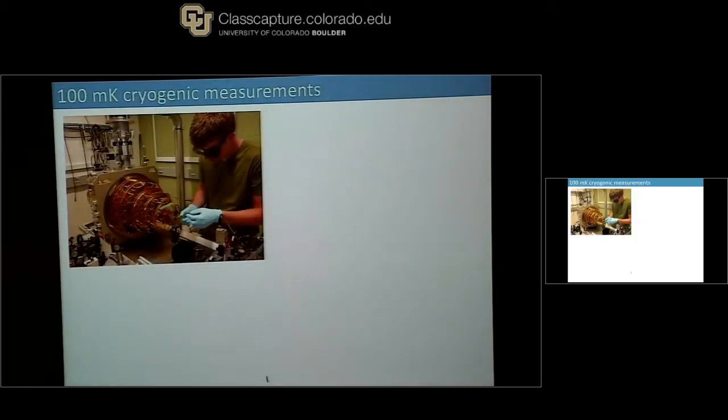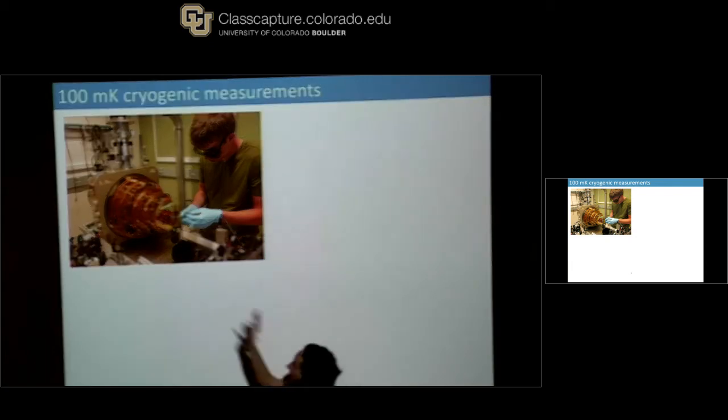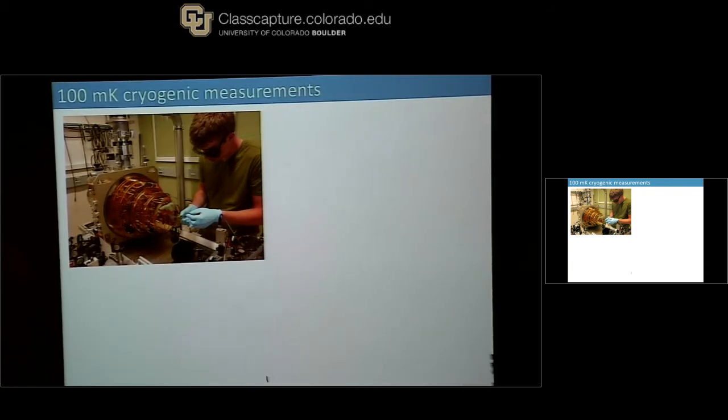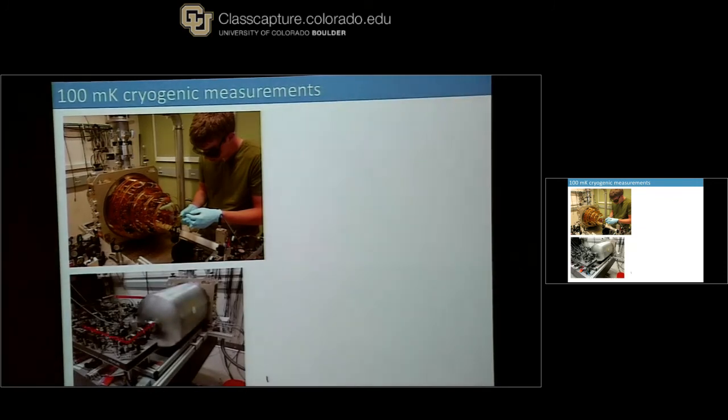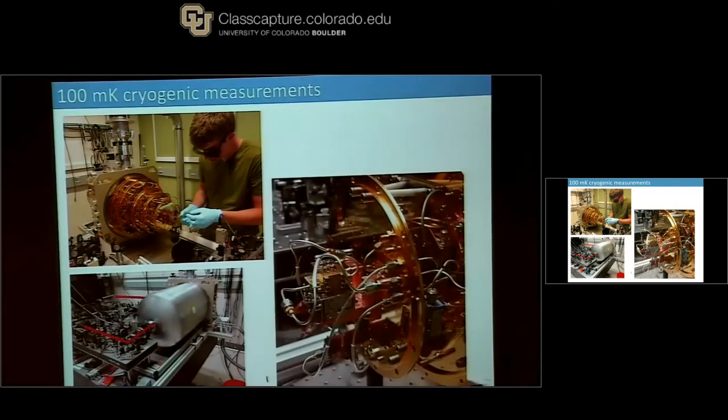All right, so let's see. So in these measurements, this is getting into sort of experimental perspective, and I said there would be a lot of electrical engineering here, and so let's talk about that even more. So we have this converter down there, and we have all of this optical stuff that leads up to it, and we have all of these microwave lines here, and then this box here.